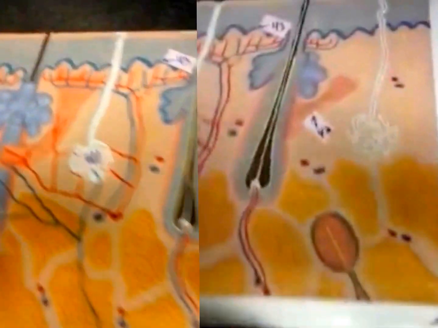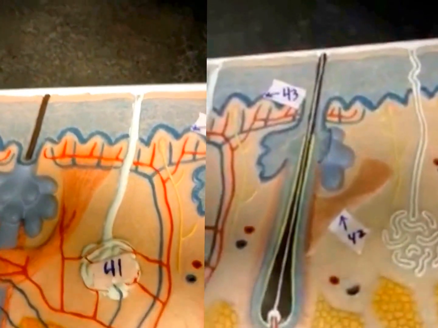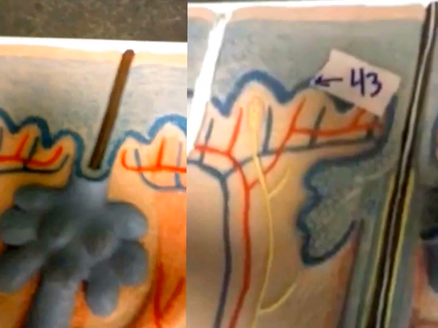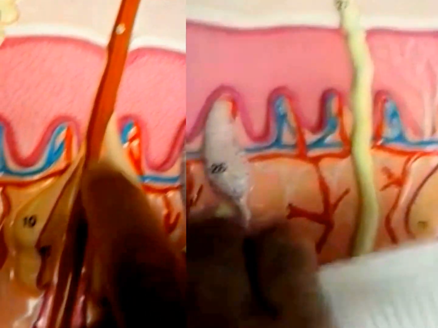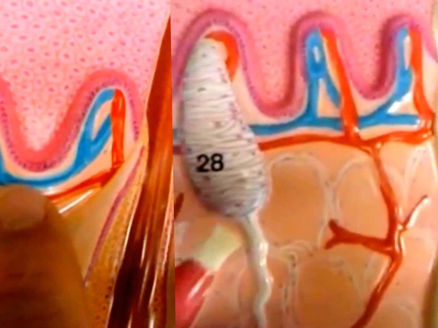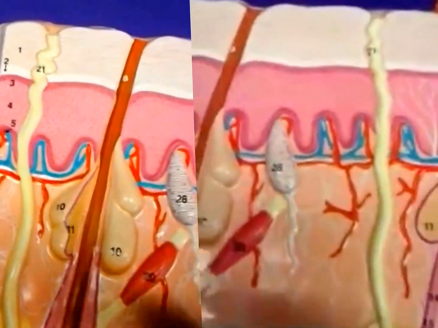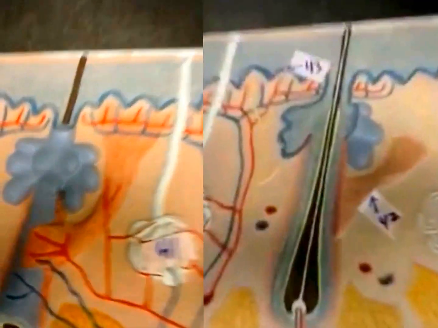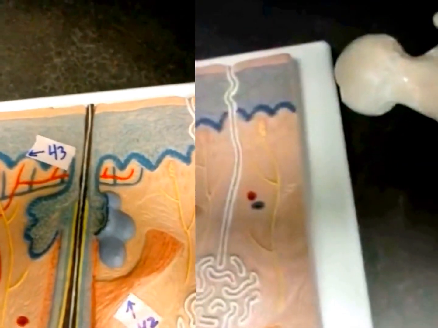True or false? 43, the stratum basale layer of the epidermis, which would be these tiny little purple dots here, the nuclei of those cells. And this is the living layer, this is the stratum corneum. But the question 43, true or false? That's the stratum basale.